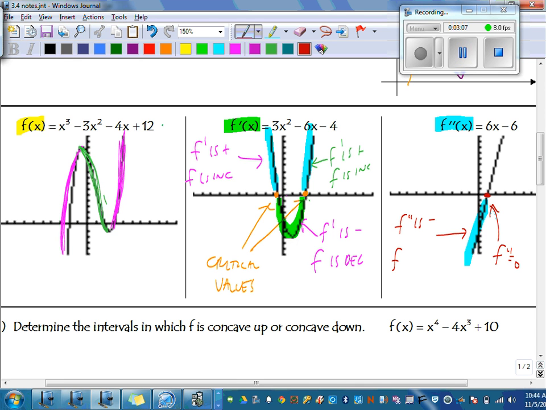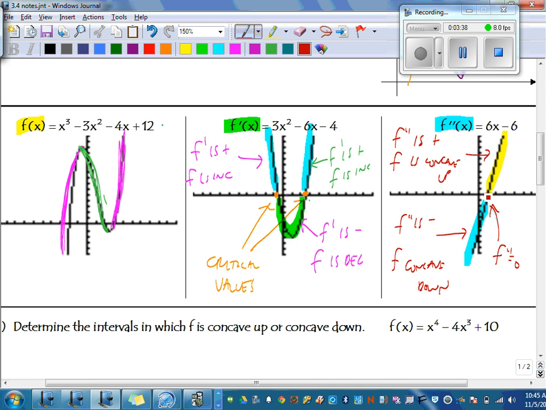Second derivative is negative, then the original function, just regular f, is concave down. And to the right of this value, the second derivative is positive, which tells us the original function is concave up.